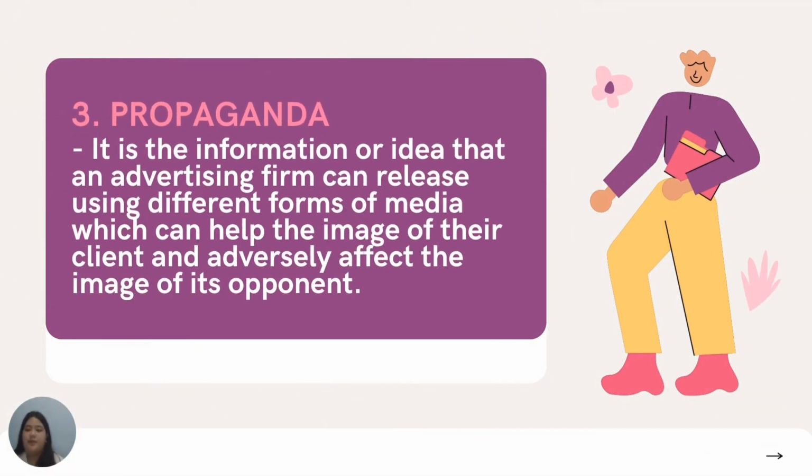Number 3, propaganda. It is the information or idea that an advertising firm can release using different forms of media which can help the image of their client and adversely affect the image of its opponent.